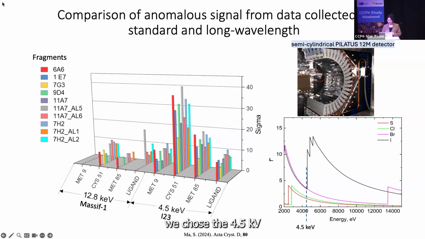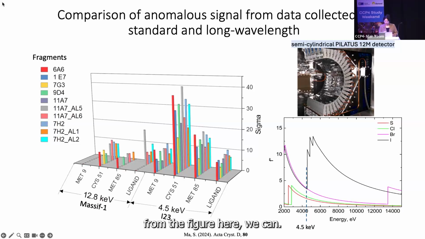So we chose 4.5 keV because both the sulfur and other halogen atoms have sufficient anomalous scattering at this energy. You may want to ask, why do we settle for sufficient instead of maximum anomalous signals?